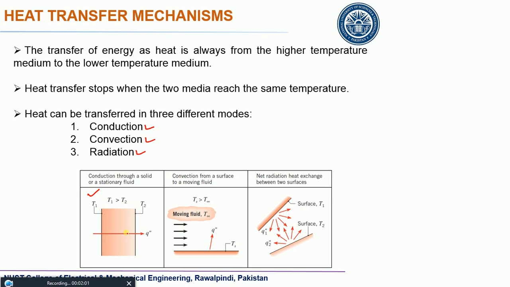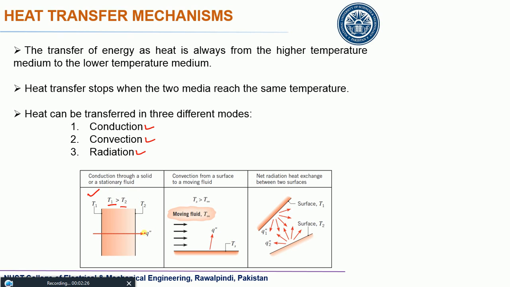You can see that this is a plane wall. By the way, this is a representation of a plane wall. This side is being kept at a temperature T1, and this side is being kept at a temperature T2. You can say that T1 is greater than T2. Now the heat should flow from the higher temperature to the lower temperature, isn't it?